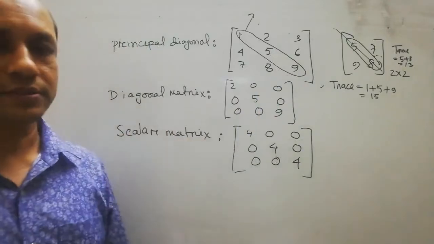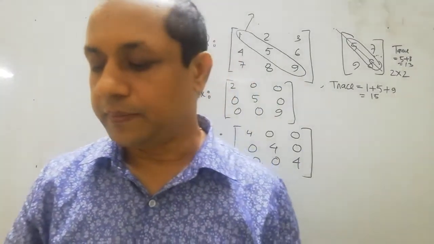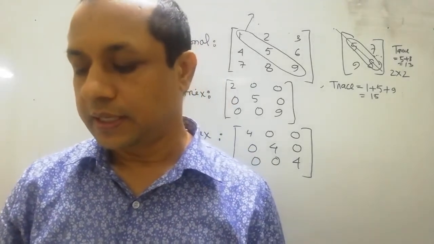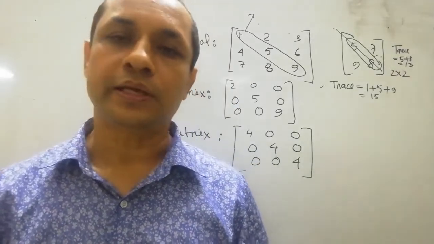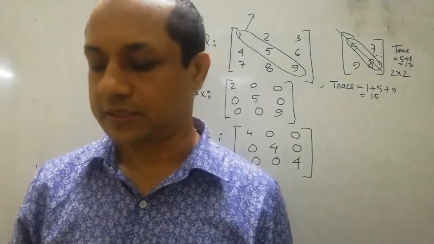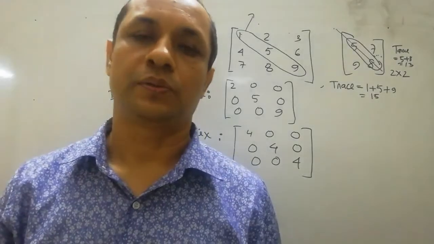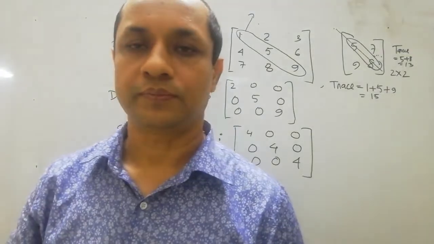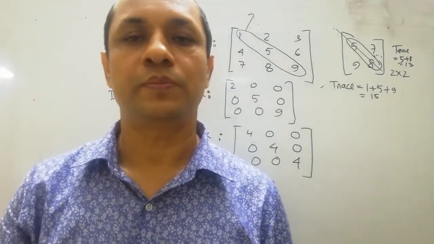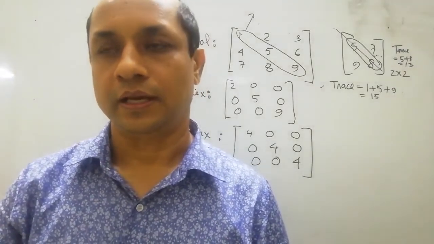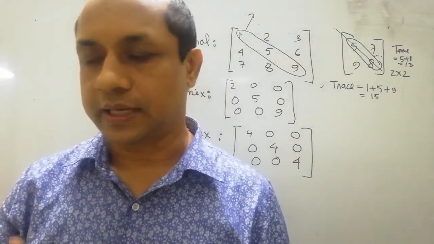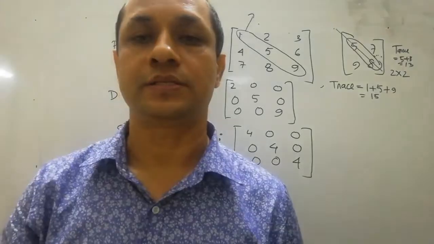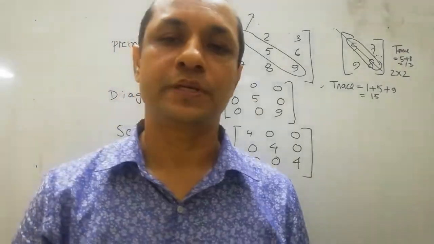Then diagonal matrix. A diagonal matrix is a square matrix with all the entries equal to 0 except the principal diagonal. Attention please, students, what do you mean by diagonal matrix? A diagonal matrix is a square matrix with all the entries equal to 0 except the principal diagonal.